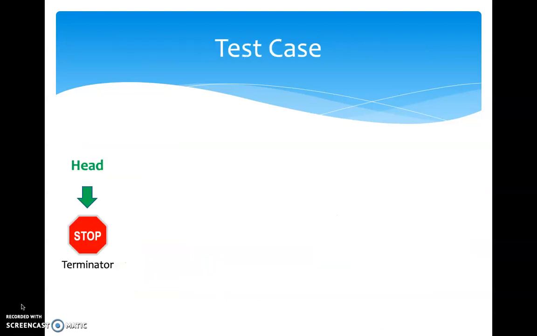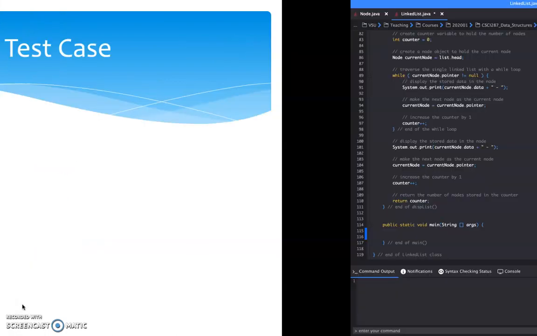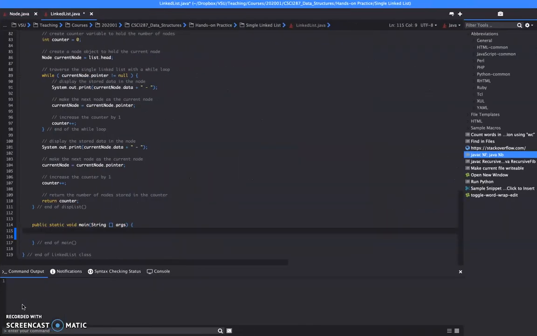In order to test the add method in the linked list class, we use the following test cases. The first step is to create an empty linked list.